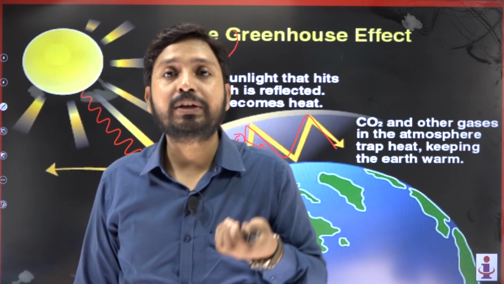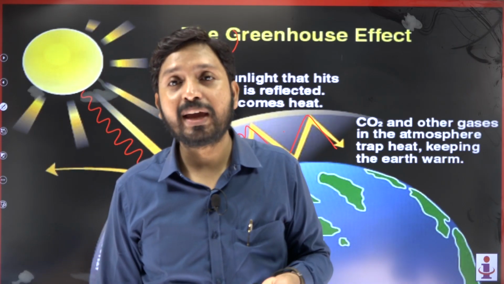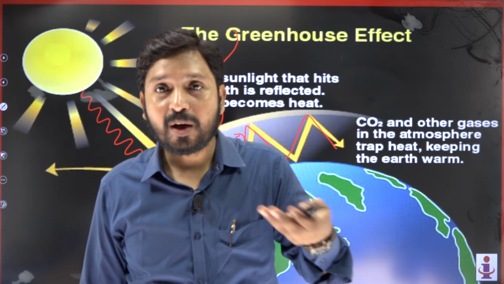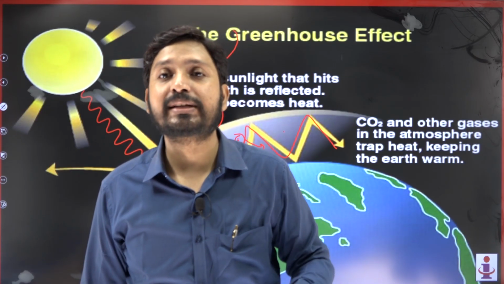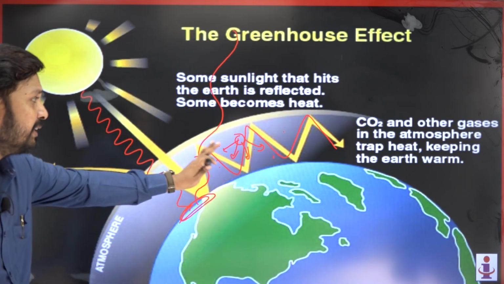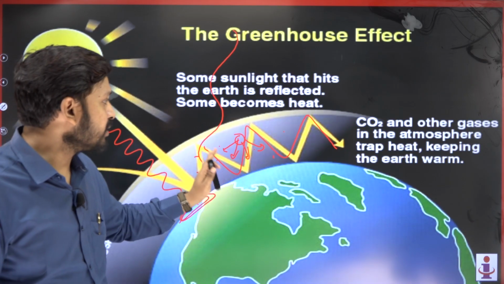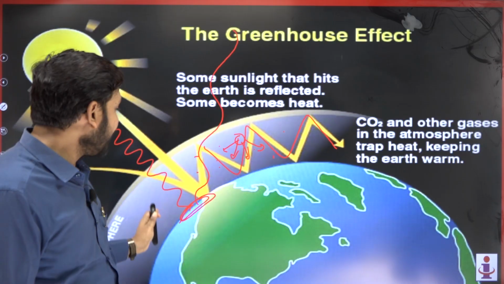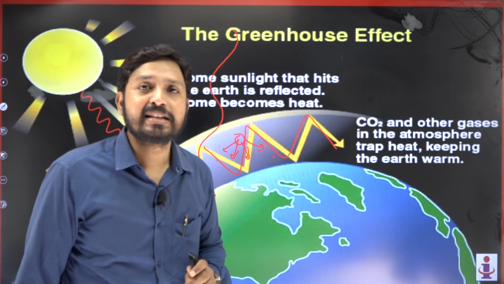So this absorption of the heat radiated by the Earth's surface by different gases is why these gases are called greenhouse gases, and the phenomenon which leads to an increase of temperature because of these greenhouse gases is called the greenhouse effect. This is a normal thing, and it occurs naturally. Because if these gases were not present in our atmosphere, the terrestrial radiation released by the Earth would entirely go back into space.